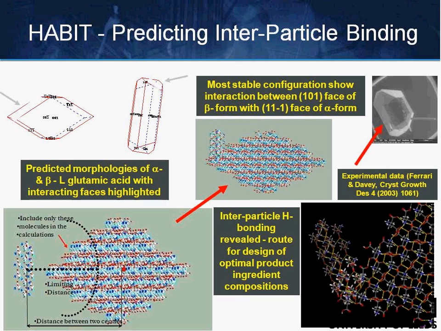We can actually go beyond just looking at single particles, but start to look at interparticle binding. So you can start to look at where are the chemical motifs that will fuse together and form the best interparticle interactions. So here you can see again two glutamic acid morphologies and starting to pull together simulations that allow you to look at these two particles coming together and what are the most likely interactions, right?